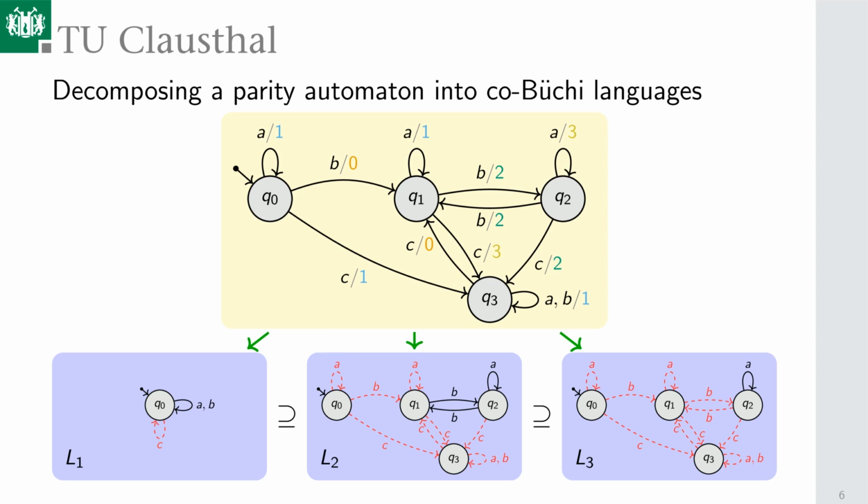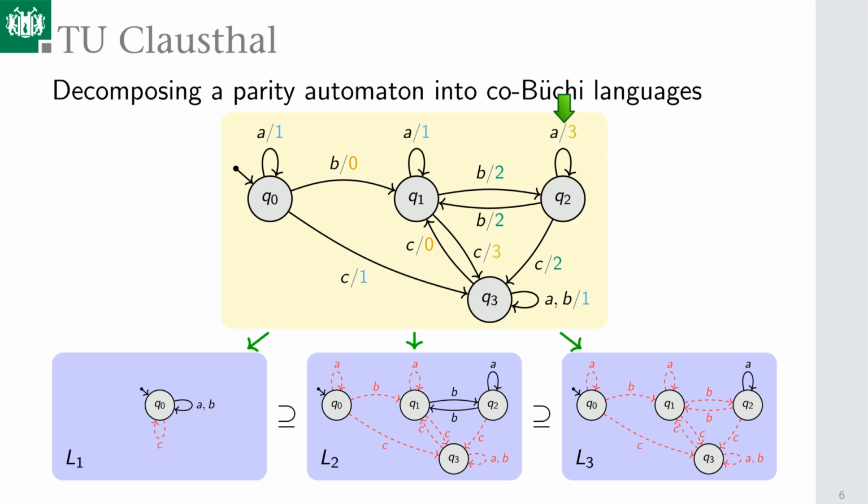But it turns out that the parity automaton at the top of the slide can be simplified by making Q2 the initial state and removing Q0. That is possible because Q0 and Q2 have the same language, and then Q0 is not reachable anymore. The automaton resulting from changing the initial state hence still accepts the same language.